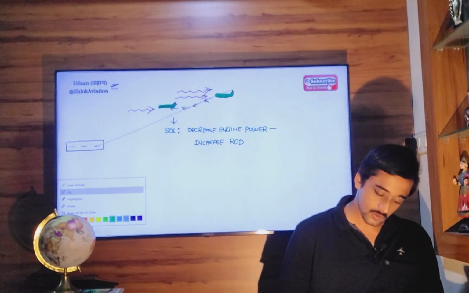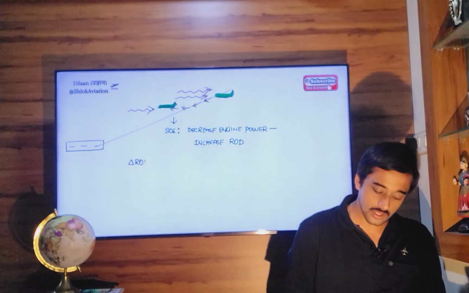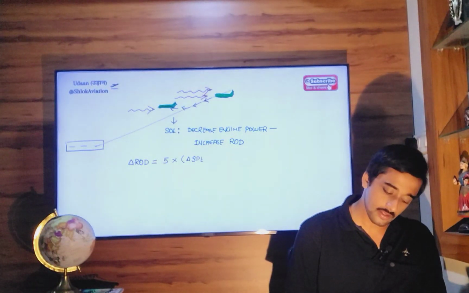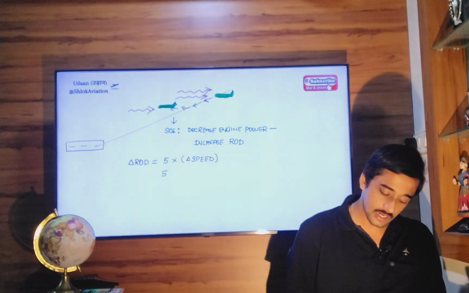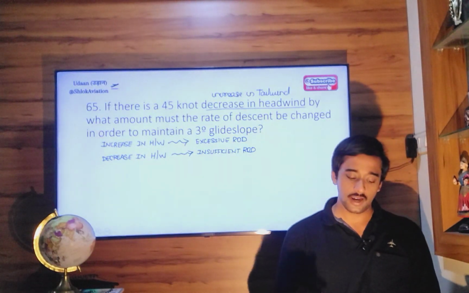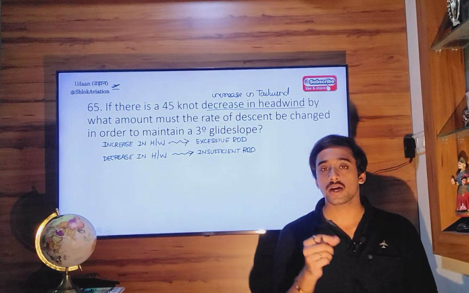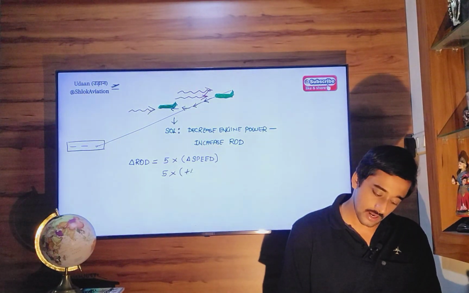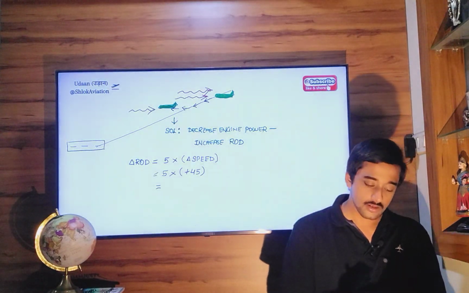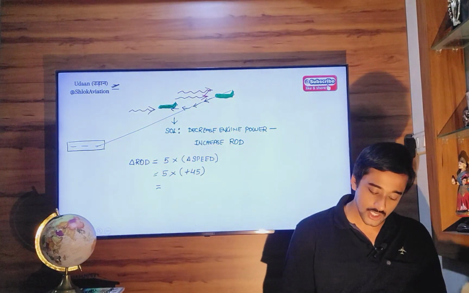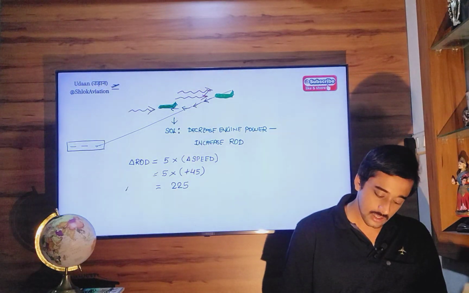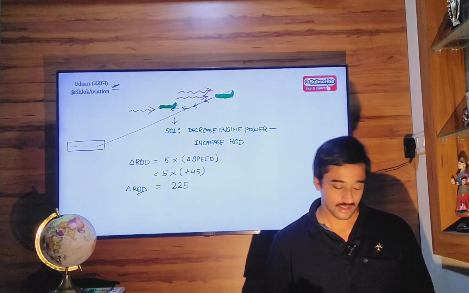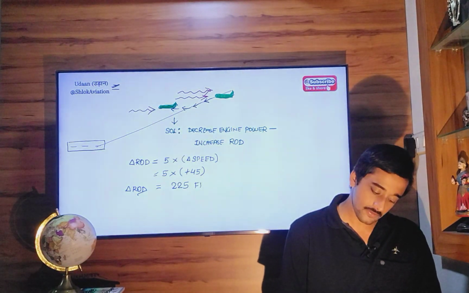Change in rate of descent equals 5 multiplied by change in speed. So 5 multiplied by, there is a 45 knot decrease in headwind. It will be accompanied by a 45 knot increase in ground speed. So, plus 45 ground speed. That is 225. That means the pilot will have to increase his rate of descent by 225 feet per minute.